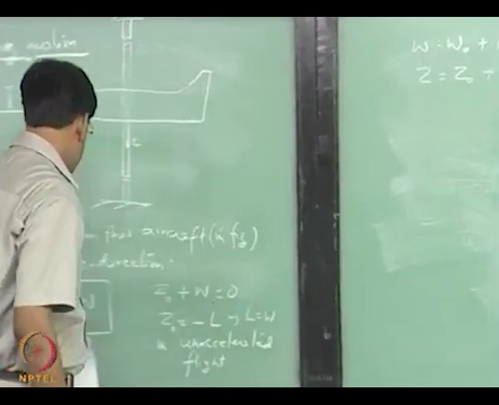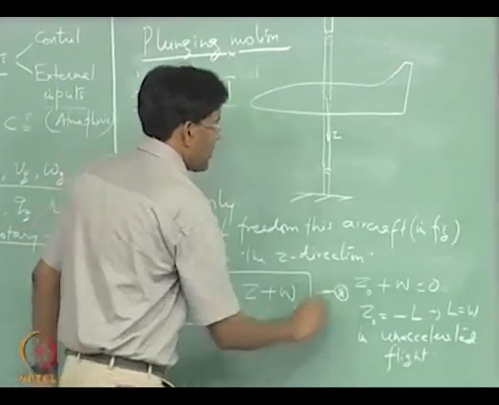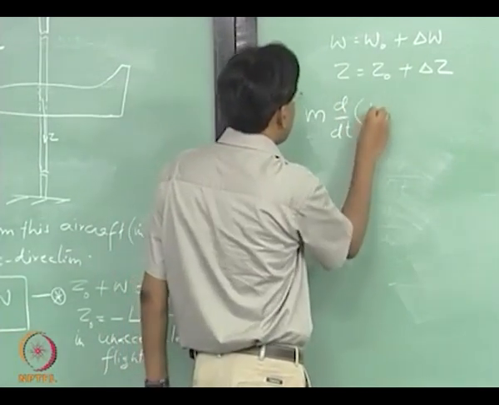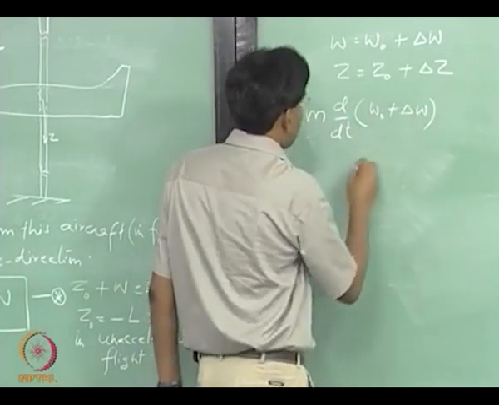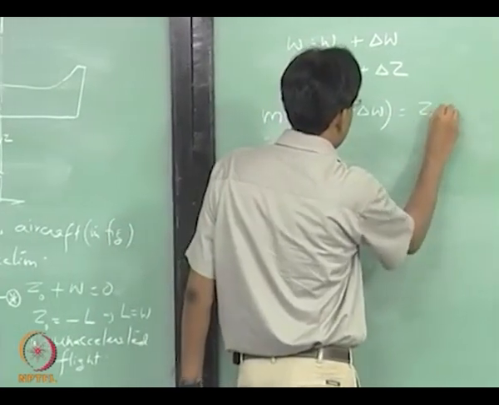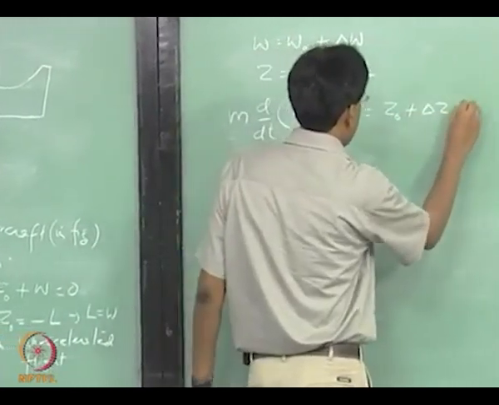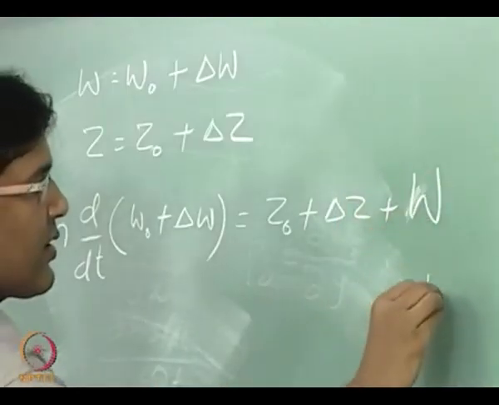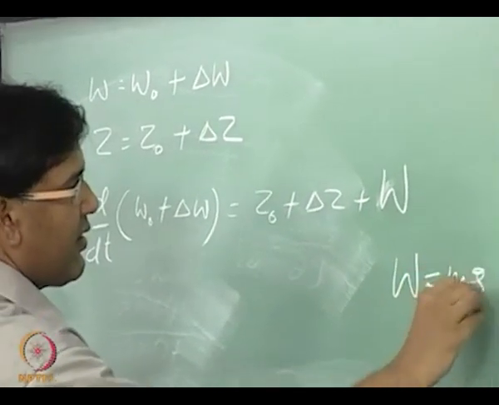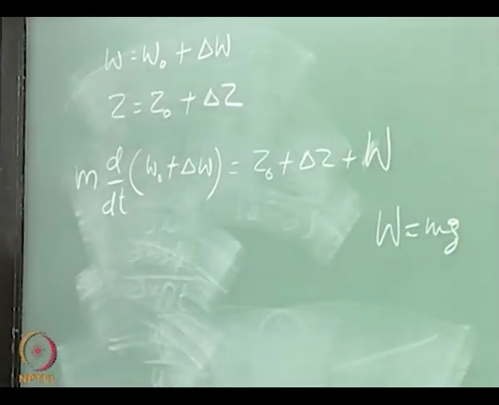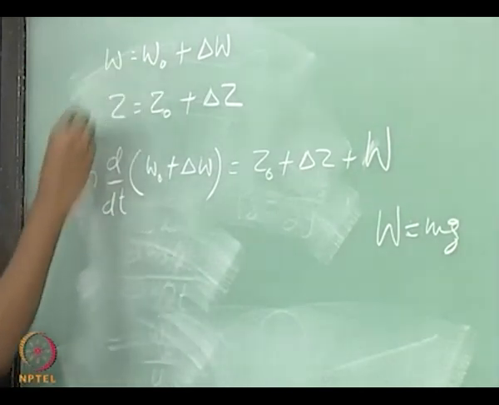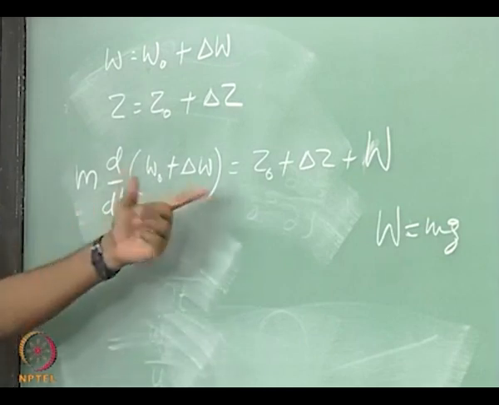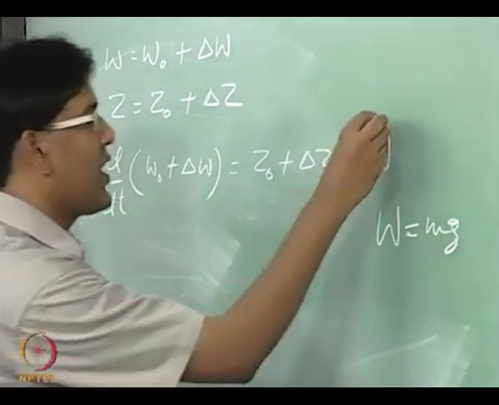Substitute these in this equation. Small w's are the vertical speeds, and this capital W is the weight.